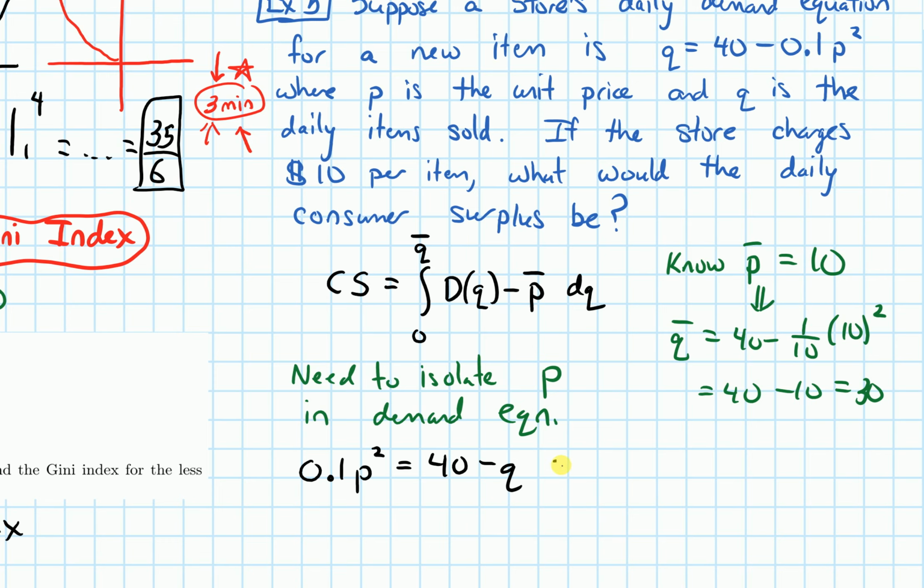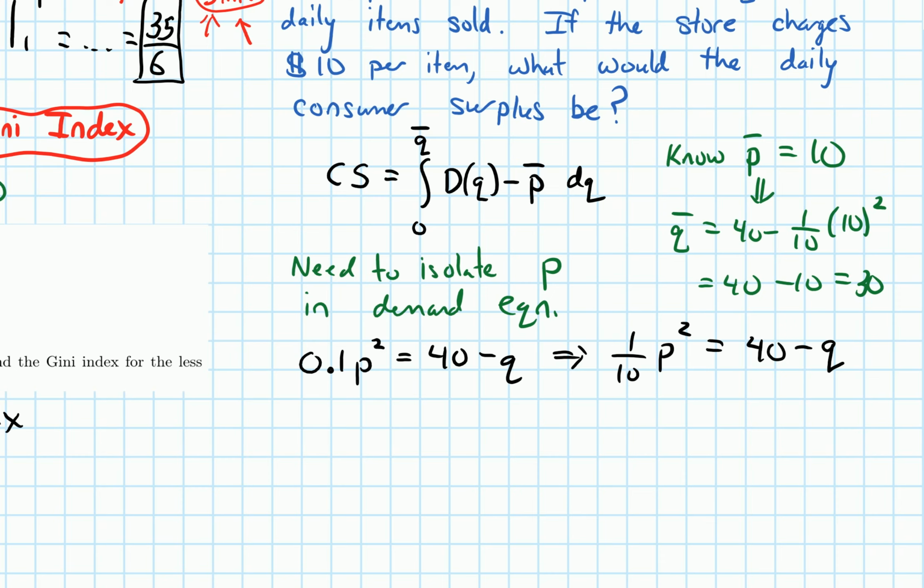And then I can think of 0.1 as being 1/10. 1/10 P squared equals 40 minus Q. And now I can multiply both sides by 10 to get P squared equals 400 minus 10Q.